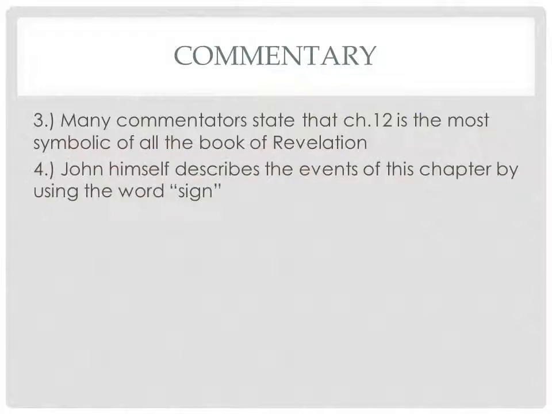John himself describes the events of this chapter by using the word sign. So if you go to chapter 12, verse 1, it says, "There appeared a great wonder in heaven, a woman clothed with the sun and the moon under her feet, and upon her head a crown of 12 stars." So he describes this as a great wonder and seems to describe it as being symbolic.